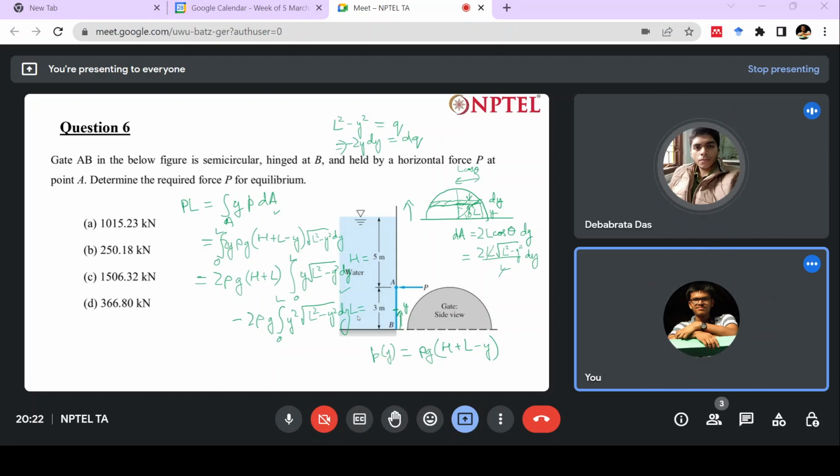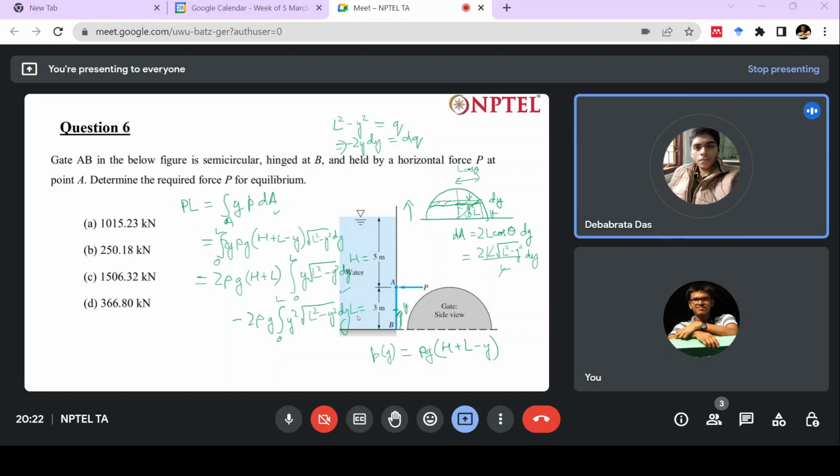Do you remember? We will take root over L square minus y square as some constant and square that.